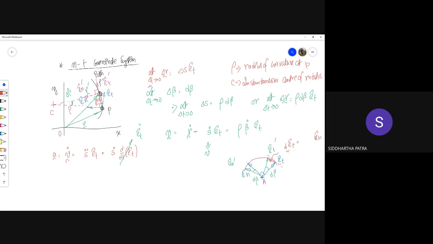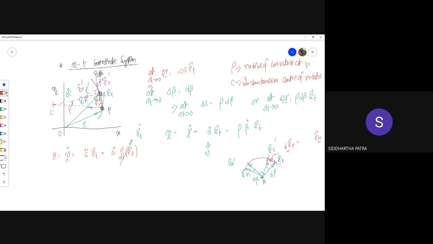Now that's the unit vector part of det. Det is not a unit vector, it's a differential quantity, so it has a magnitude and a unit vector. The unit vector is the normal direction. Now how much is the length of det? If delta t is really tiny, which is dt, then the differential time is really small.